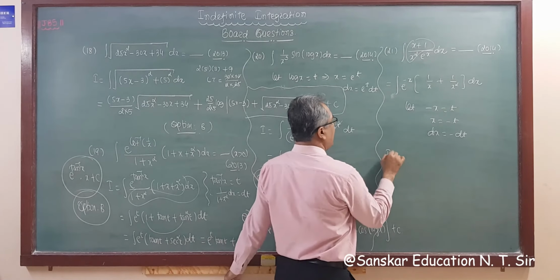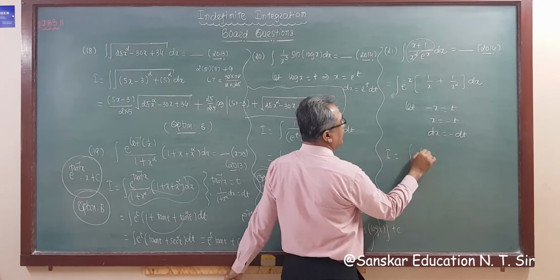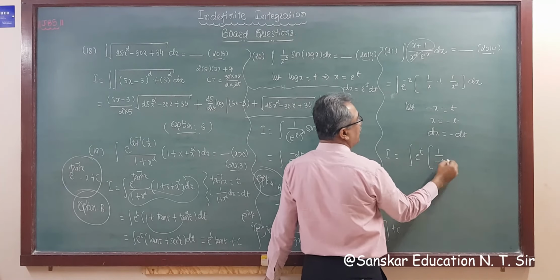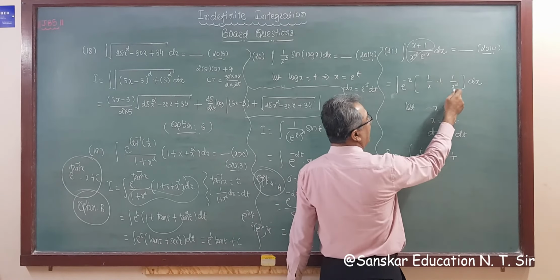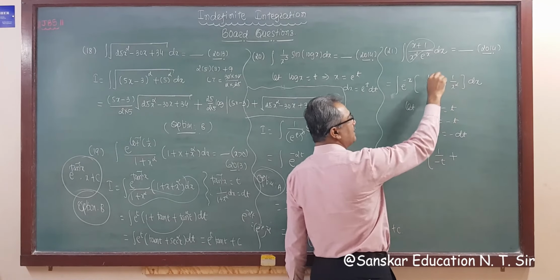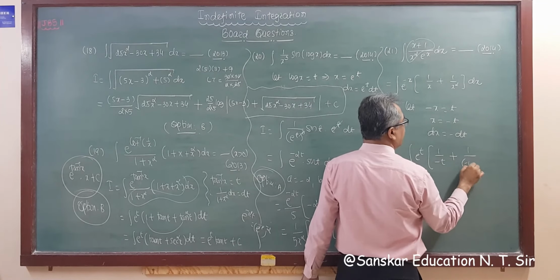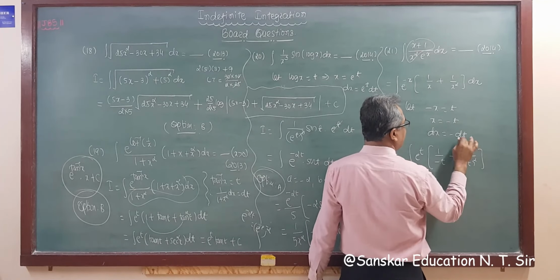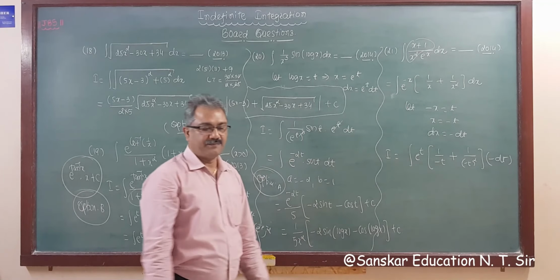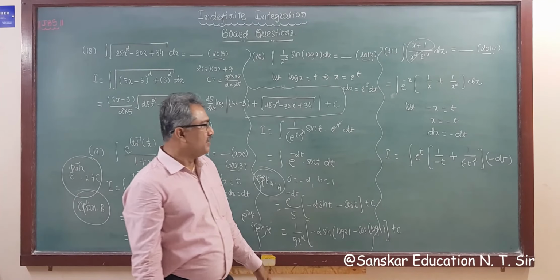So what is your I? It is equal to integration of e raised to t. Now x is minus t, so this is minus 1 upon t, and plus x is minus t whole square, so 1 upon minus t whole square, and this is minus dt. Put the bracket properly.